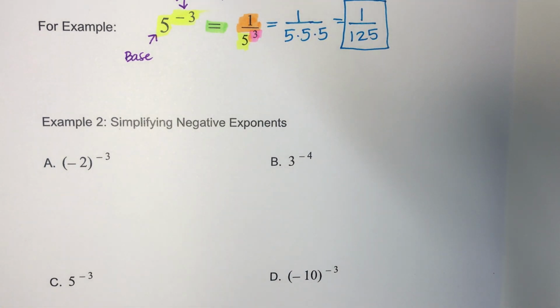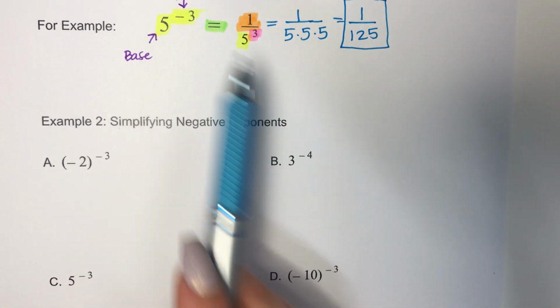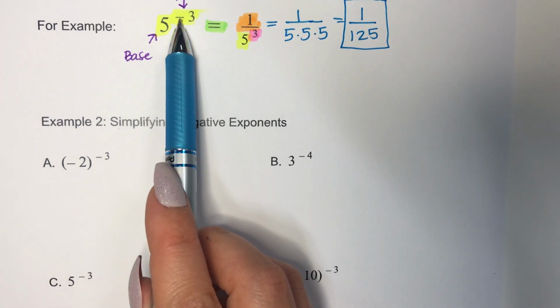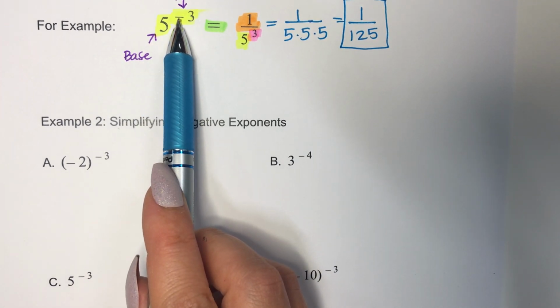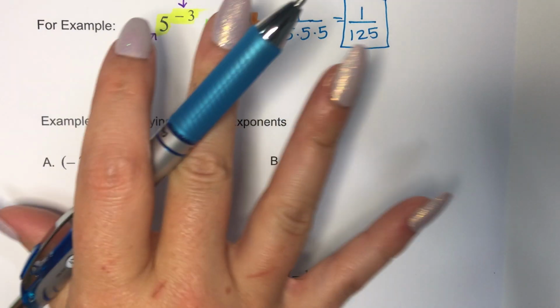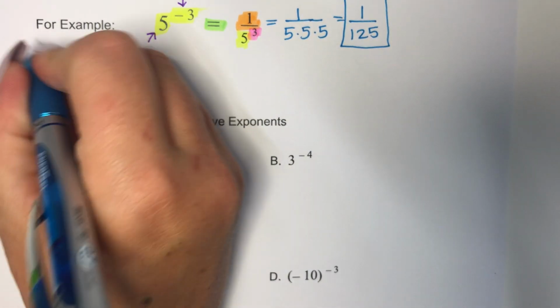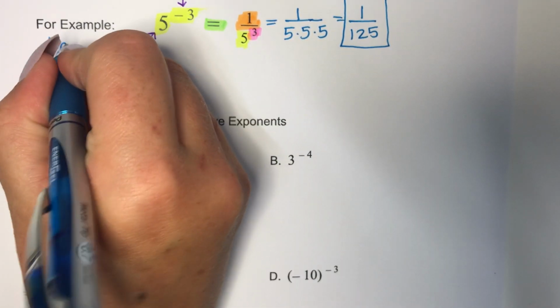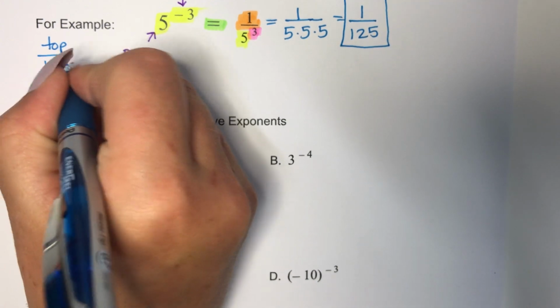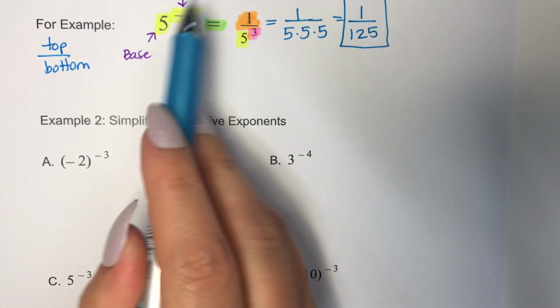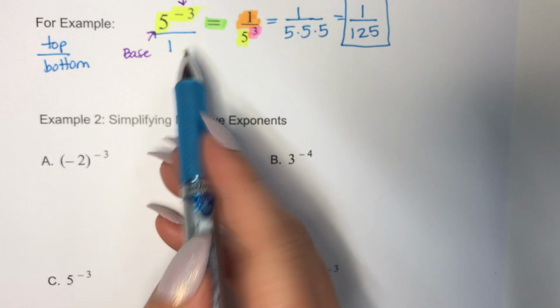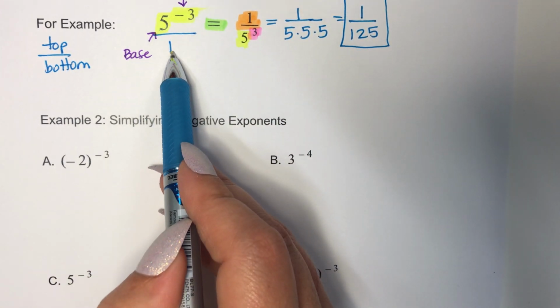What I like to think about is whenever I see something with a negative in the exponent, basically you have a fraction. A fraction has a top and a bottom. So this can be written as this. This is in the top of the fraction and this is in the bottom.